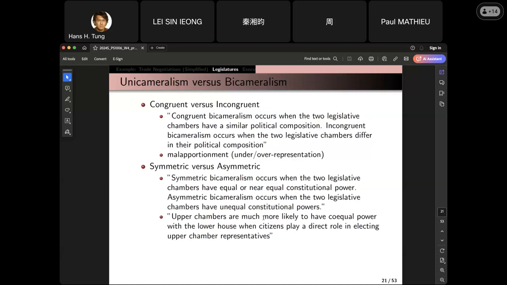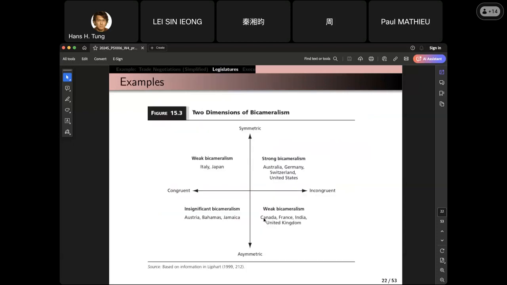Okay, so you have these two different dimensions, and they allow us to draw a graph like this. According to these two dimensions, we could have four different cells here, representing three different models. The strong bicameralism, as you can see here: Australia, Germany, Switzerland, United States, and it's not surprising, right?